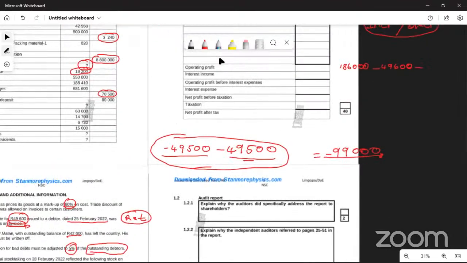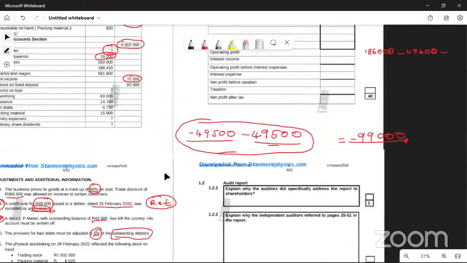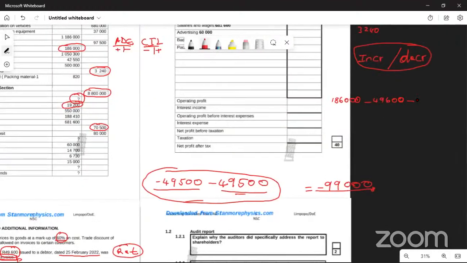So now, if bad debt is 42,000, then we take the 186,000 and subtract 49,600 and minus 42,000 again.